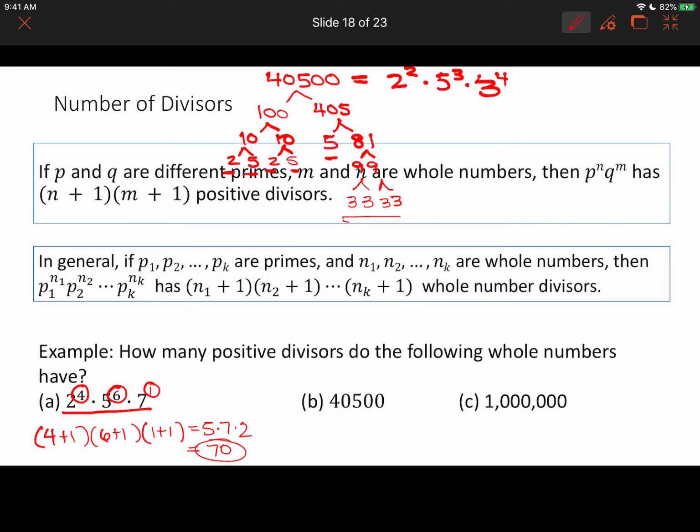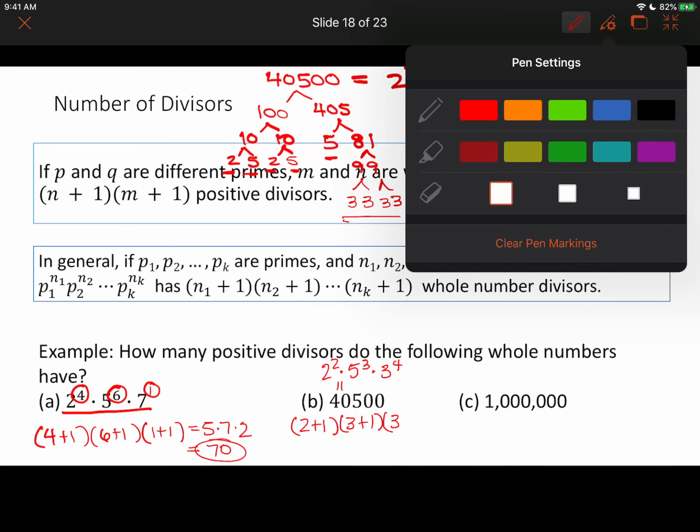All right, so let's use that. Now I've got it written as a product of primes. I just need to take each of those exponents and add 1. So I get 2 plus 1 times 3 plus 1 times 4 plus 1.